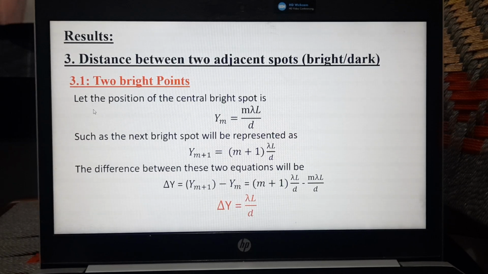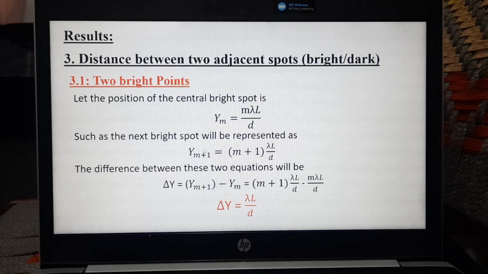For that, let's assume that the central spot was bright, for which the distance was calculated as m lambda L by D, such that the next bright spot will be one times increased from the first one.